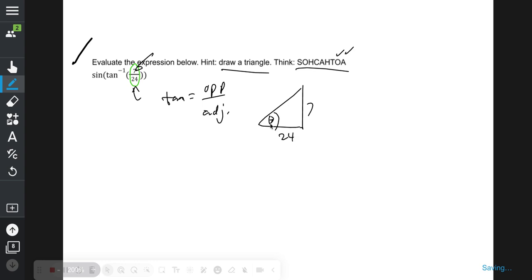Okay, you don't have to know what this angle is, unlike the previous problem. You just know that this angle has a tan of 7 over 24. Okay, so this is the mystery angle.